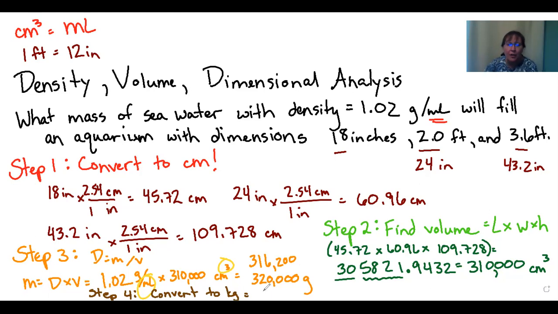So we have 320,000 grams times, okay, and we know that there are 1,000 grams in our kilogram, and the 1,000 grams goes on the bottom to cancel that out, and this becomes 320 kilograms. If you've ever had an aquarium, the water inside is really heavy.